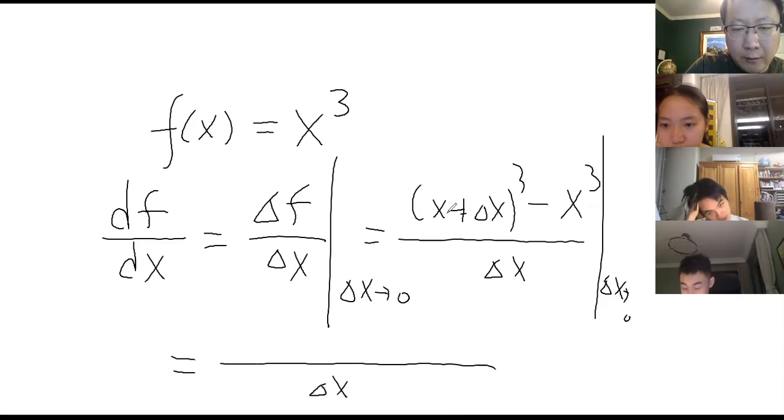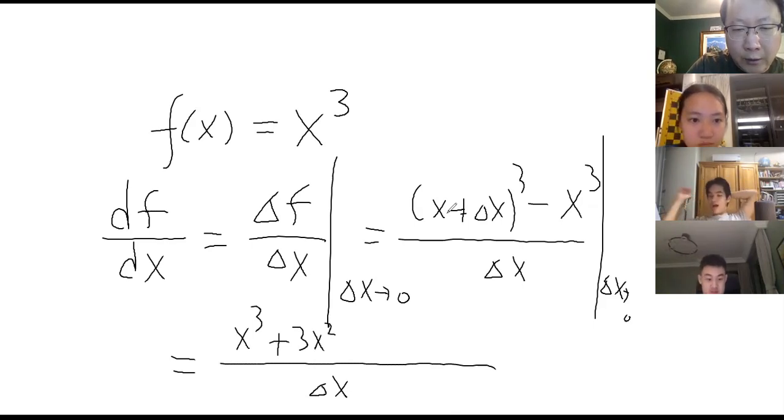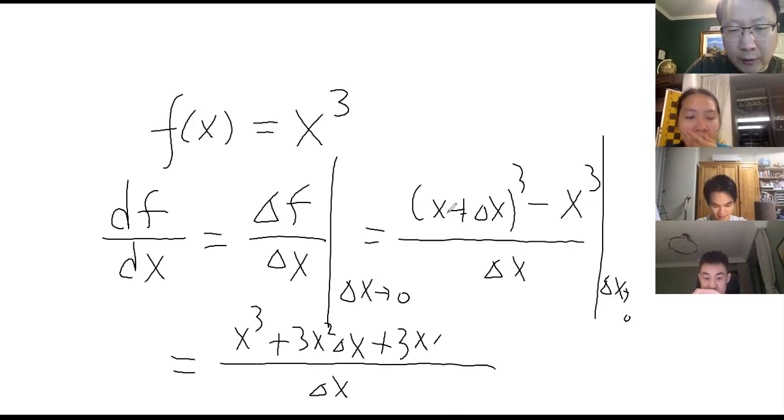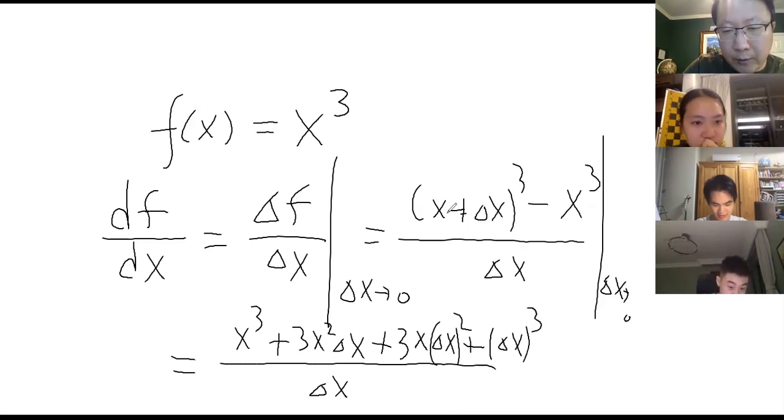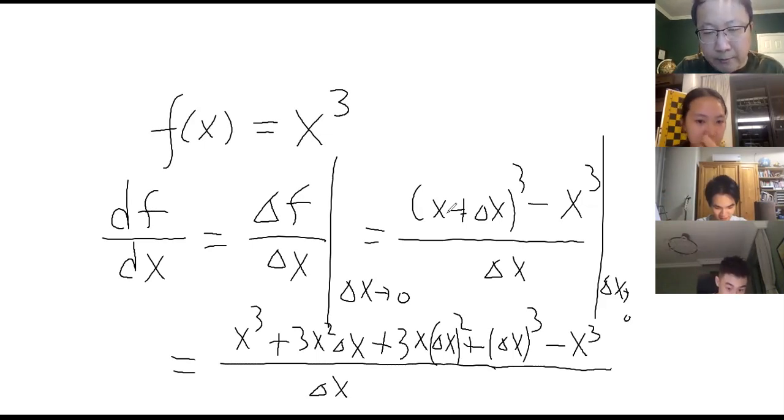It's not hard. So this is basically x cubed plus 3x squared delta x plus 3x delta x squared plus delta x cubed, minus x cubed, correct? Got it? Of course, you need to know the (a plus b) cubed formula.